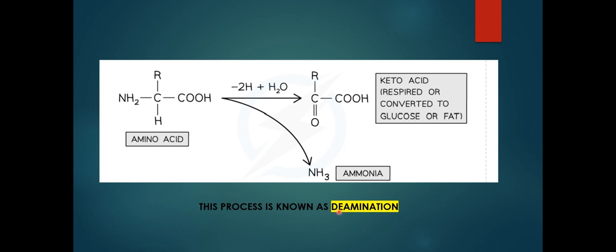And remember that this ammonia is a really dangerous substance for our body, and it needs to be quickly converted into something, because if it stays for long, it's a really reactive substance, and it can cause a lot of problems. It can cause mutations. It can cause a lot of excretory problems.